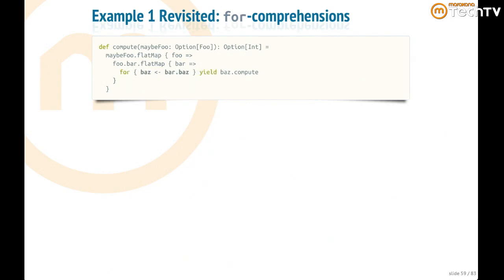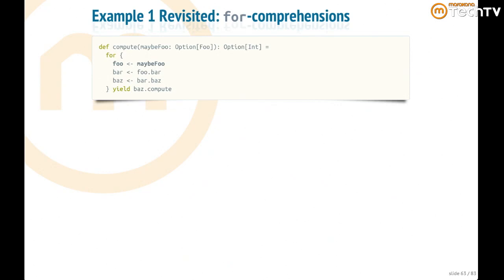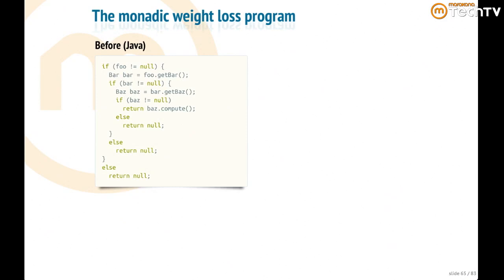This flatMap is going to now be a for-comprehension with two generators. And the outermost flatMap is going to be another for-comprehension with three generators. So that was pretty cool. We'll see that again in just a second.